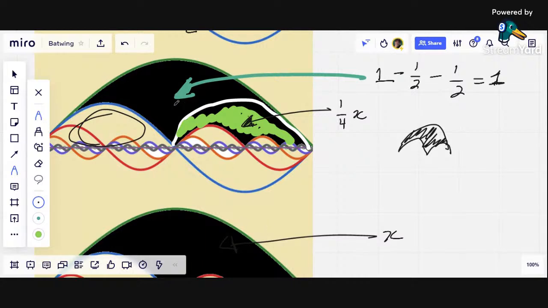So that means that this area here is 1, and this smaller version of the infinite thing is a quarter x. So the whole thing is x equals 1 plus 1/4 x. And now we get to solve for x.